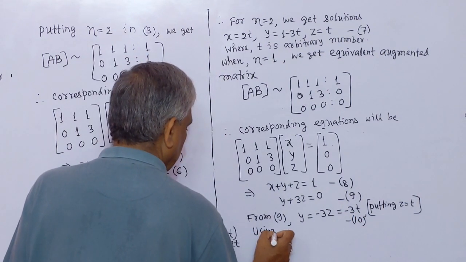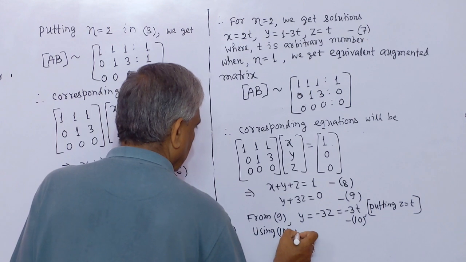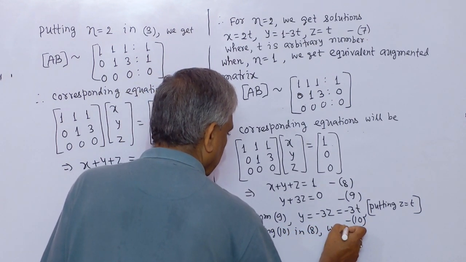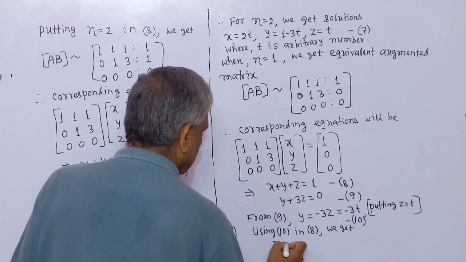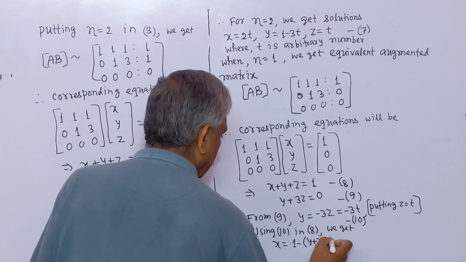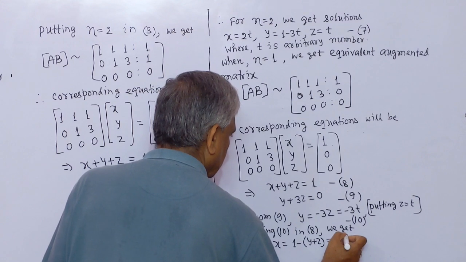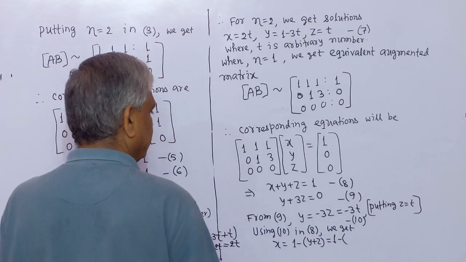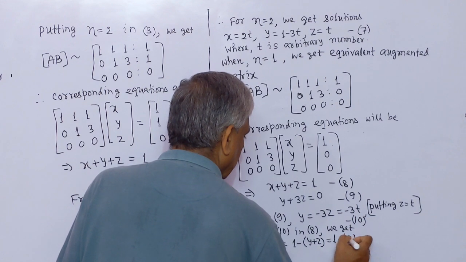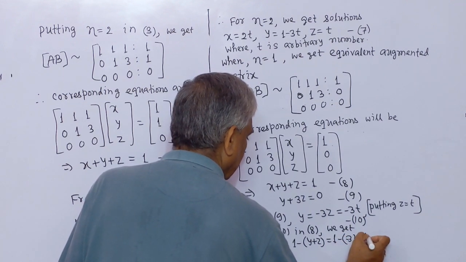Using 10 in 8, we get x equal to 1 minus y plus z, equal to 1 minus y, which is minus 3t, and z is t.